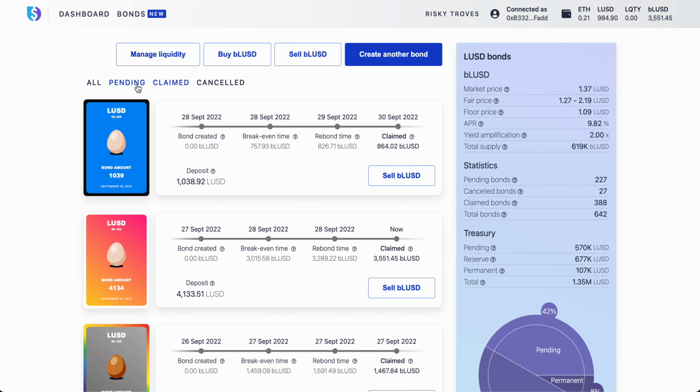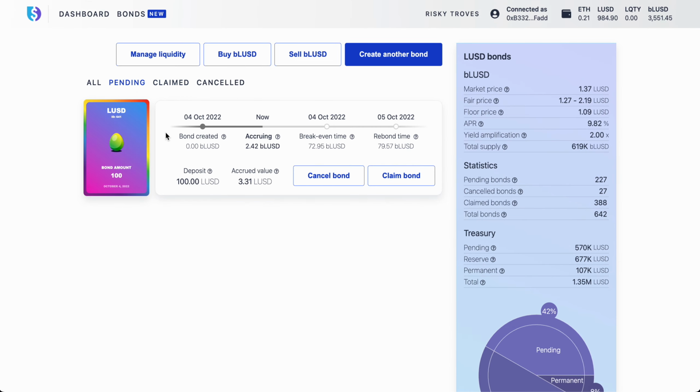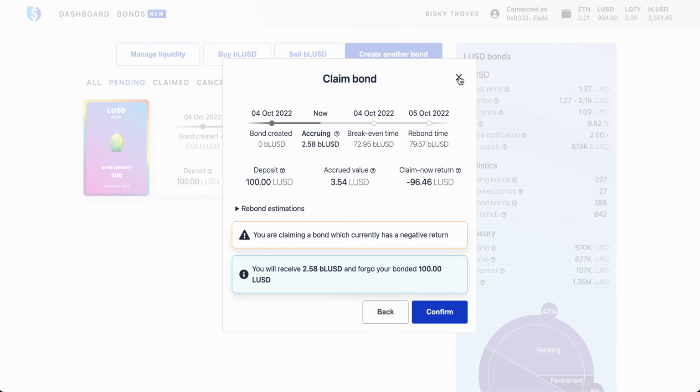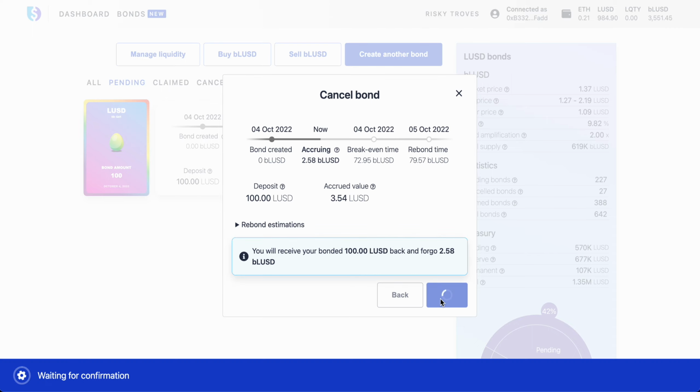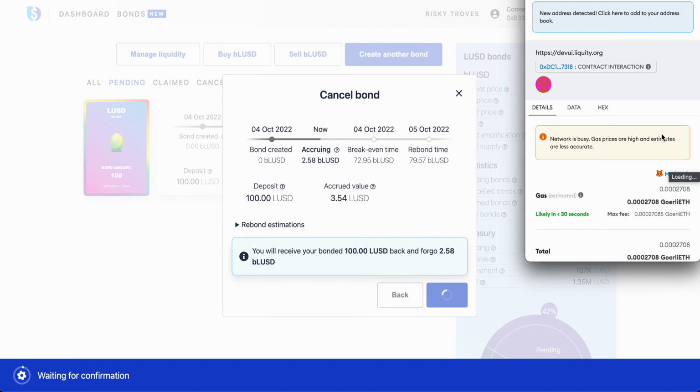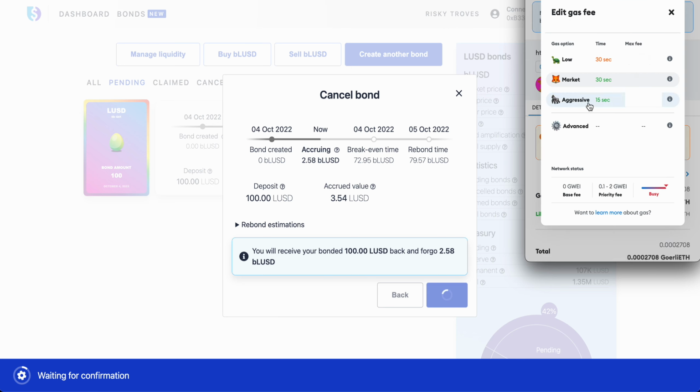So we had this one. And then maybe we think we need $100 for whatever, and want to get it back. We want to cancel the bond. So in this case, we are not claiming because we are making a loss. We are canceling. Let's do that. And go aggressive again.